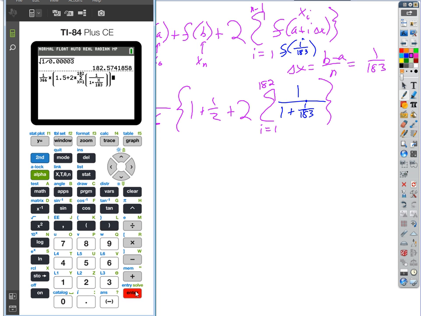Press enter. Oh no, you broke it. Oh, it's working. It is going to take a while though. Never seen it take this long. Could you do that by hand?